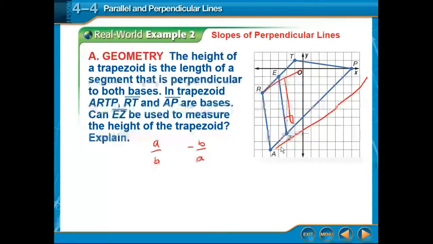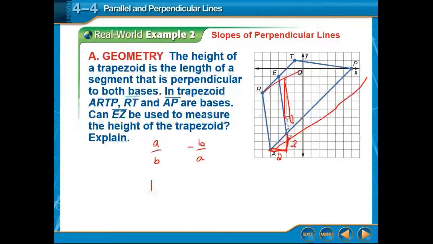So to go through this, I'm going to figure out the slope of AP. So from A to Z, right, it goes 2 and 2. So it goes up 2 and forward 2. So the slope of AP is going to be 1. Okay, so then I want to see the slope of this one. So from here it goes up 1, 2, 3, 4, 5, 6, 7.